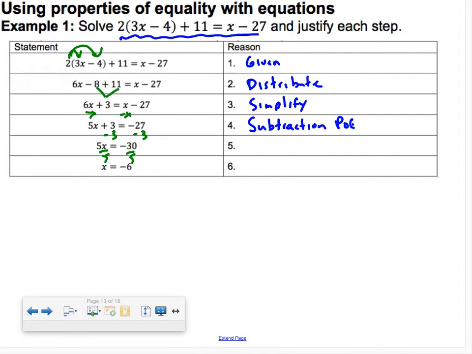POE, remember, means property of equality. From 4 to 5, again, that's subtraction. We subtracted both sides, so it's subtraction property of equality. And then from 5 to 6, we divided both sides by 5, so that's the division property of equality.